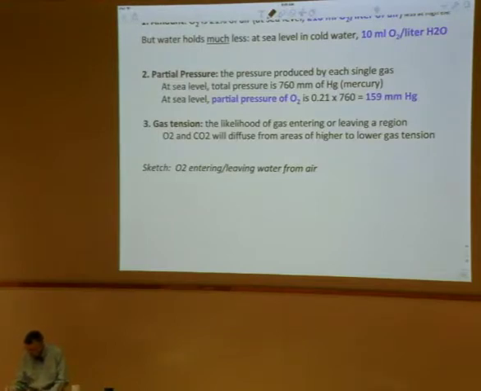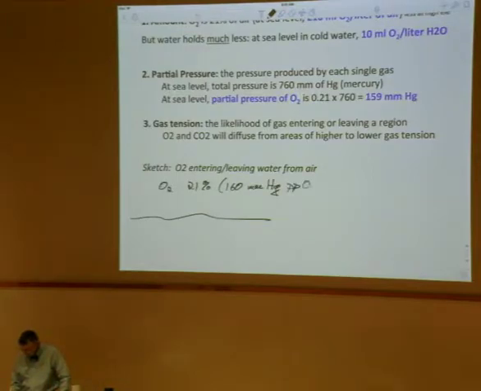So if we were drawing a water surface and we had oxygen above it, 21%, which would be rounding about 160 millimeters of mercury, is the partial pressure of O2. Okay, 21% of the total, 760. And we had water molecules in here.